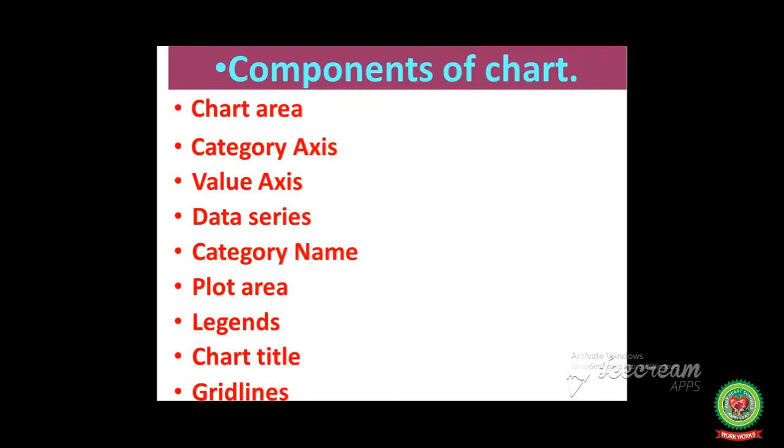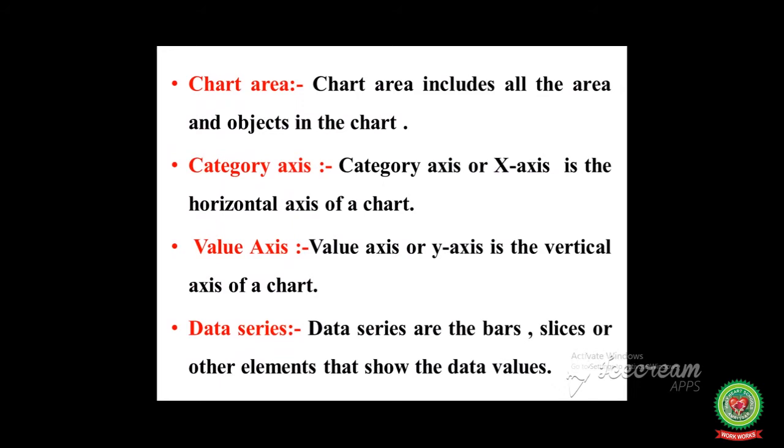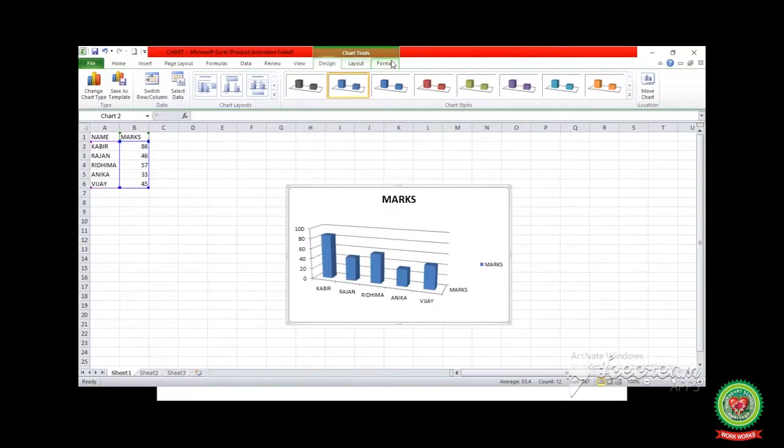Now I am going to discuss some components of chart. First component is chart area. Chart area is a particular area where we draw a chart. You can see this rectangular box, this full window of the chart is called chart area.